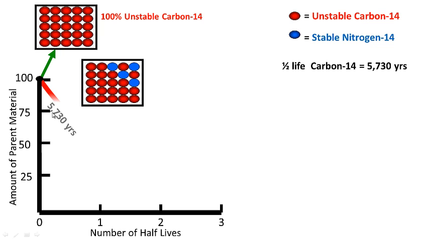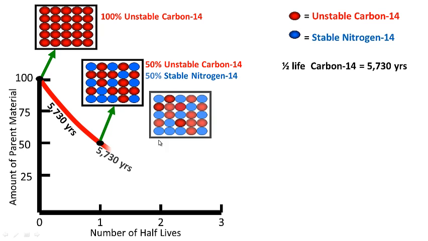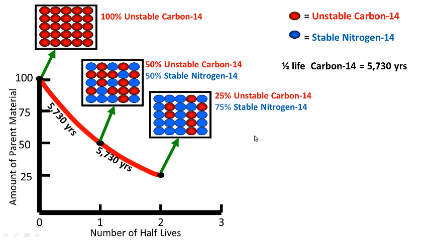After 5,730 years goes by, 1 half-life, we have 50% unstable carbon-14 and 50% stable nitrogen-14. Let's see what happens after another half-life. Another 5,730 years goes by, the carbon atoms decay into nitrogen-14, and we're left with 25% unstable carbon-14 and 75% stable nitrogen-14.